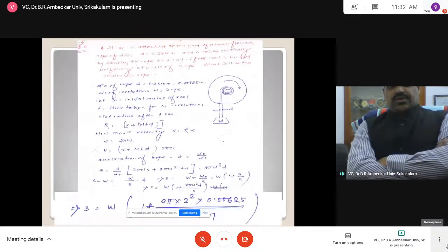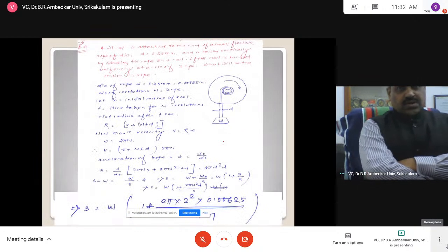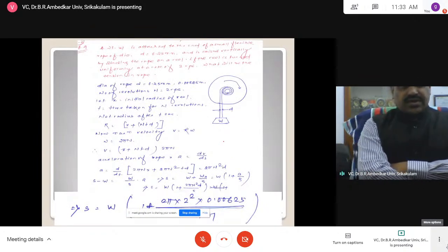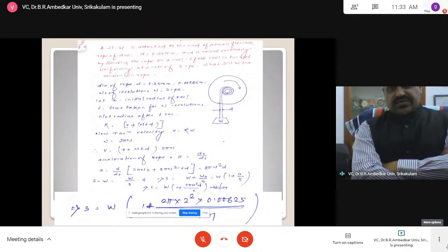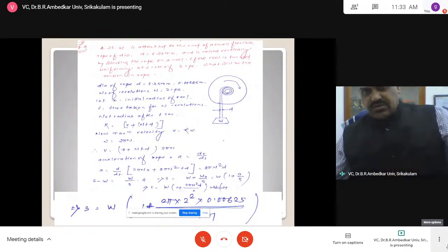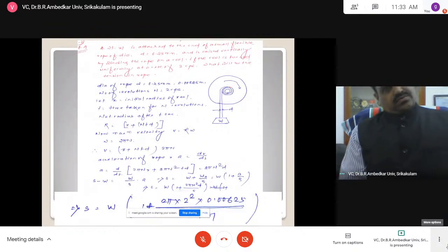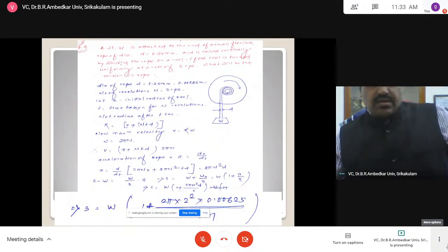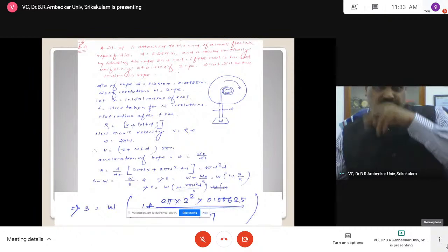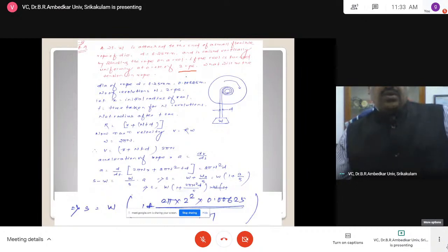Now come to another problem. A weight W is attached to the end of a small flexible rope. This is a rope tied on the disc, and is raised vertically by guiding the rope on a wheel. If the wheel is turned uniformly at 2 revolutions per second, what will be the tension in the string?